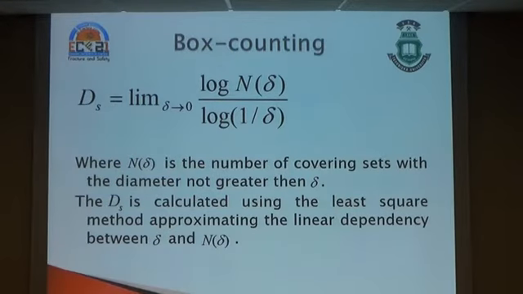Some line of the fracture surface is covered with some kind of covering, and delta, it means it's the absolute amount of the covered elements, and delta is the diameter of the elements. I used, and I think it's most common to use, the mesh grid, the square grid. So delta is the length of a used square. Then the least square method is used for approximating the fractal dimension.